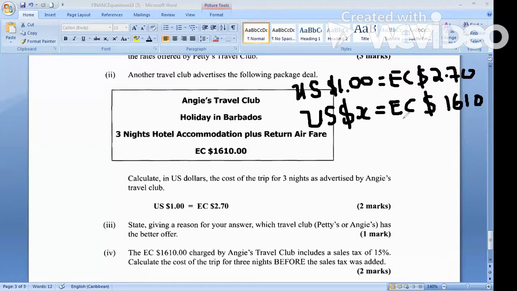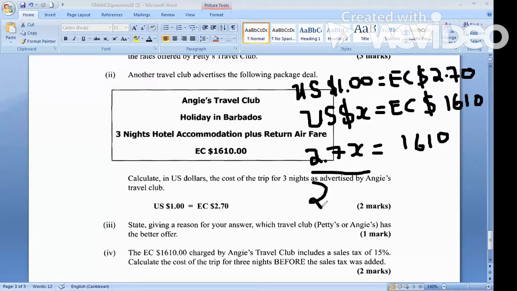Well, mathematically, you cannot jump to divide. So we're going to cross multiply. So if you look at it, 2.7 times x is 2.7x, right? And then 1 times 1610 will give you back the same thing, 1610. All right. Then we what?